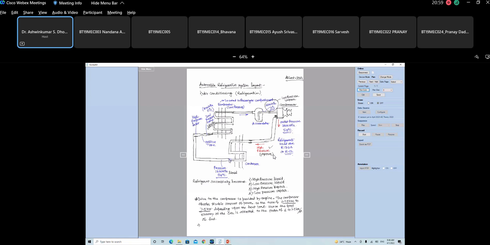That means fuel economy with AC will decrease to the order of 1 to 1.5 kilometers per liter.